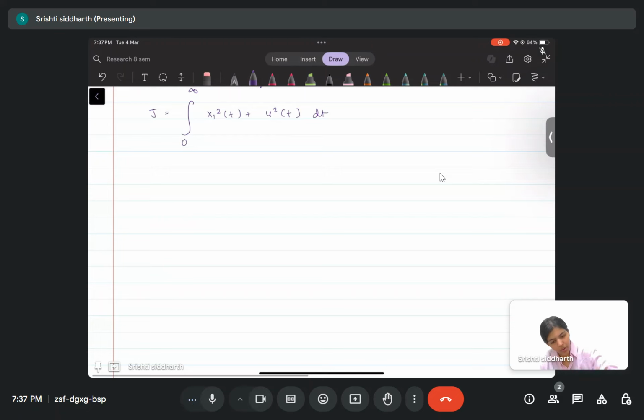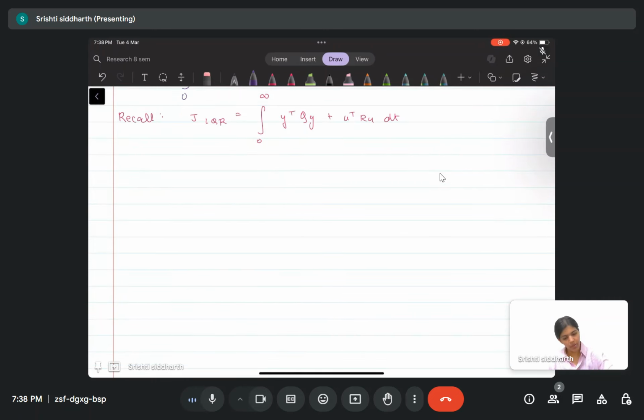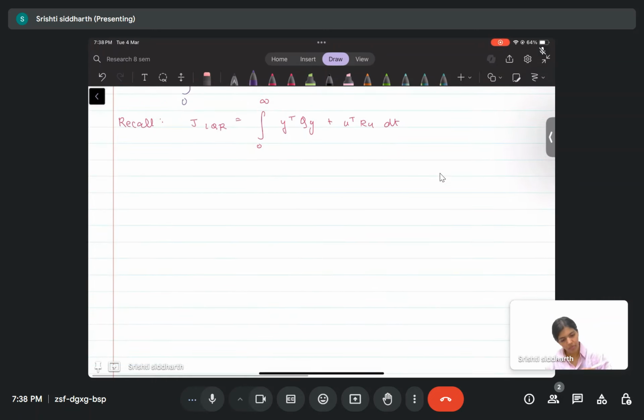Okay, so let's recall equations from the LQR setup. So the cost function for LQR is the integral from 0 to infinity of y transpose Q y plus u transpose R u dt. In our case we simply have just one output and one input.